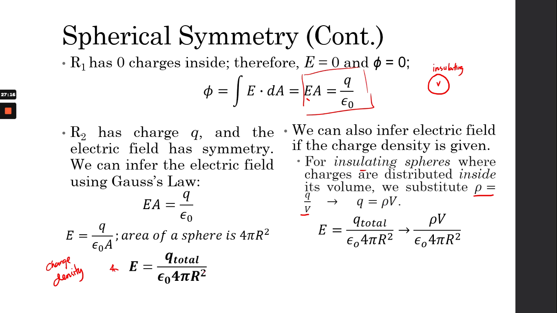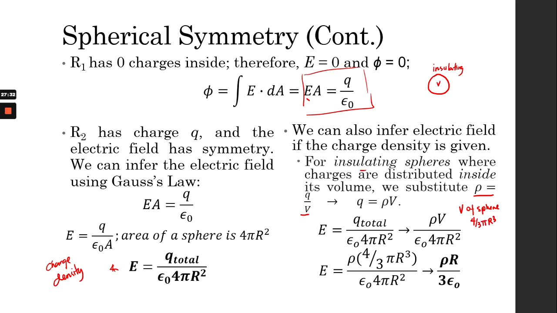So we are changing this Q right here into rho multiplied by volume, and the volume of a sphere is actually 4 over 3 pi r cubed.